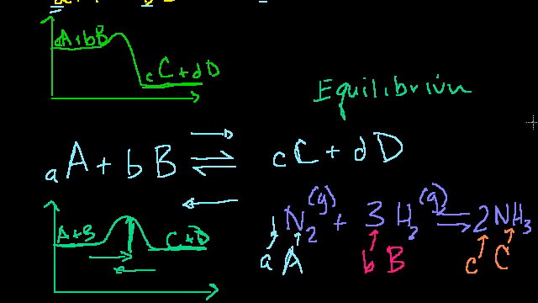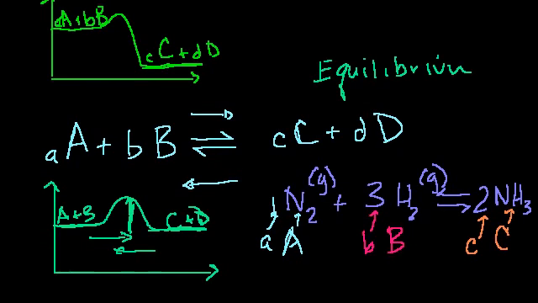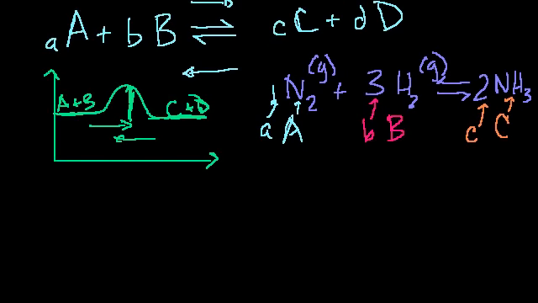Now, what's interesting in equilibrium reactions is that you can define a constant called the equilibrium constant. Let me switch colors. I'm using this light blue too much. The equilibrium constant is defined as you take the products, or the right hand side.